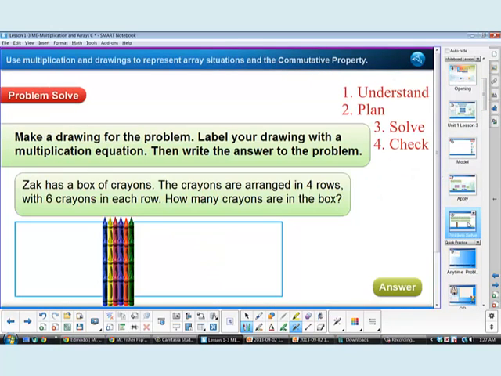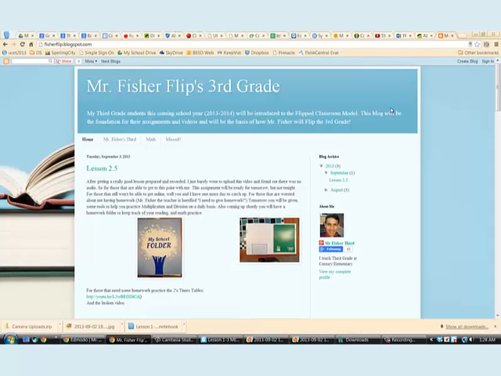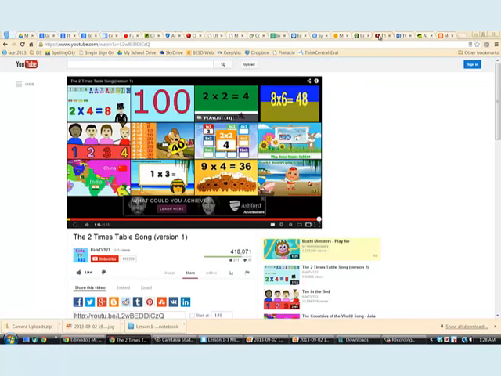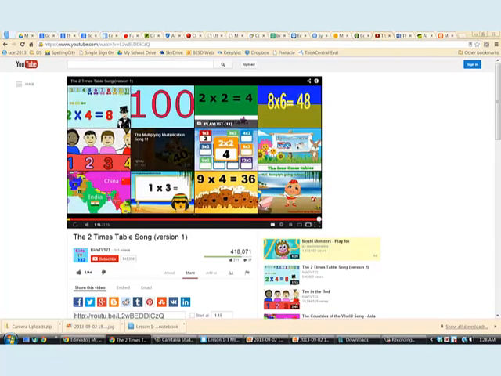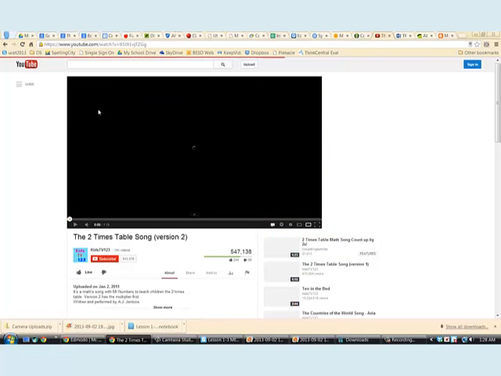And I do expect you to practice your 2's times tables and your 5 times tables. Well, let's go to what I expect from that. One example is you can get on the internet with your parents' permission. I do expect you to use your parents, they are your best resource.